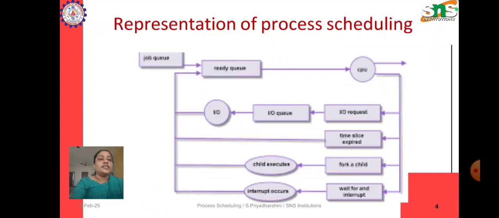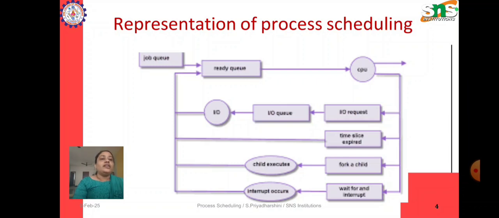So this is the representation of process scheduling. First, the process available in the job queue is taken into the ready queue, that is, it has been loaded into main memory, and from the ready queue the process waits.